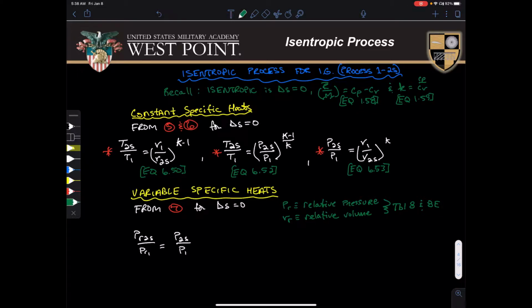This is equation 6.46 in your text. And the second will be our isentropic relation in terms of our volumes.